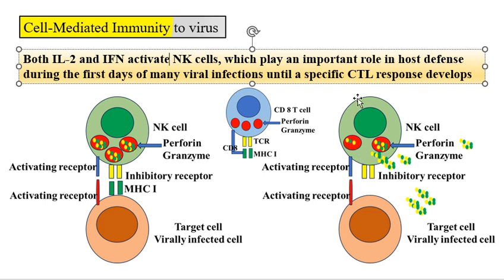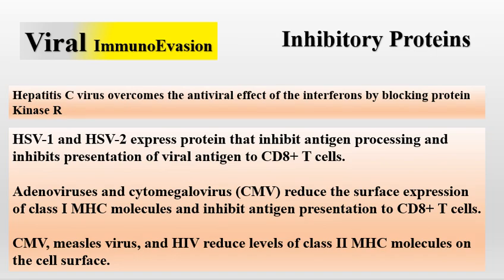So the natural killer cell will get activated, produce perforin and granzyme, and kill the virally infected cell, which is known as the target cell, by a process known as apoptosis.